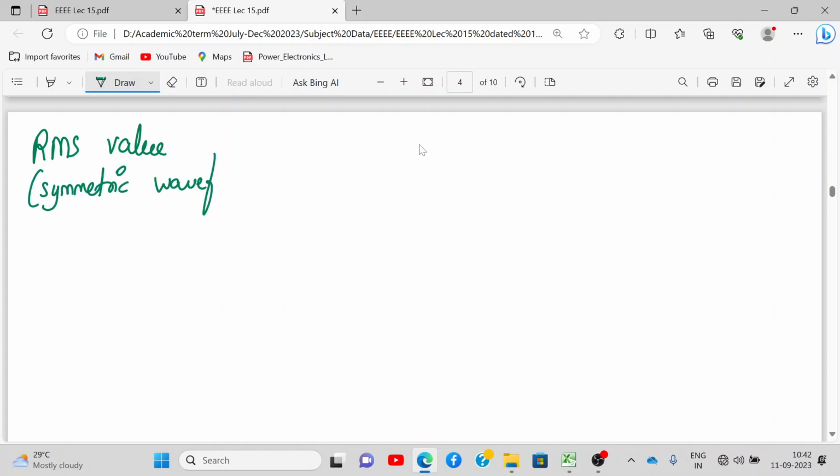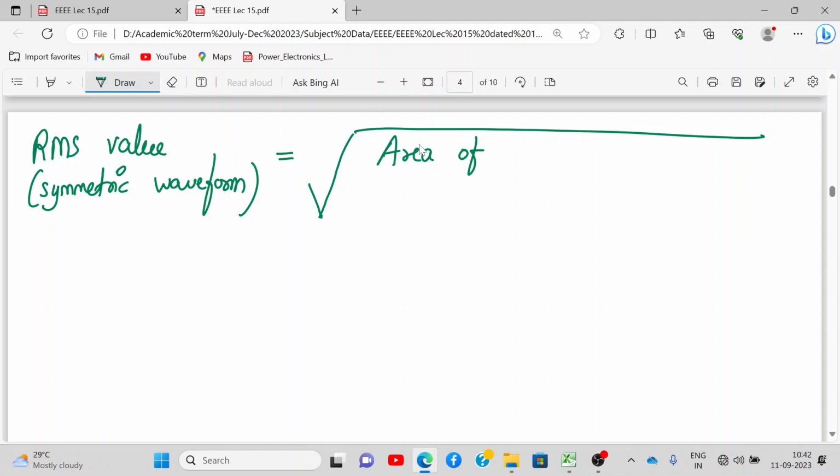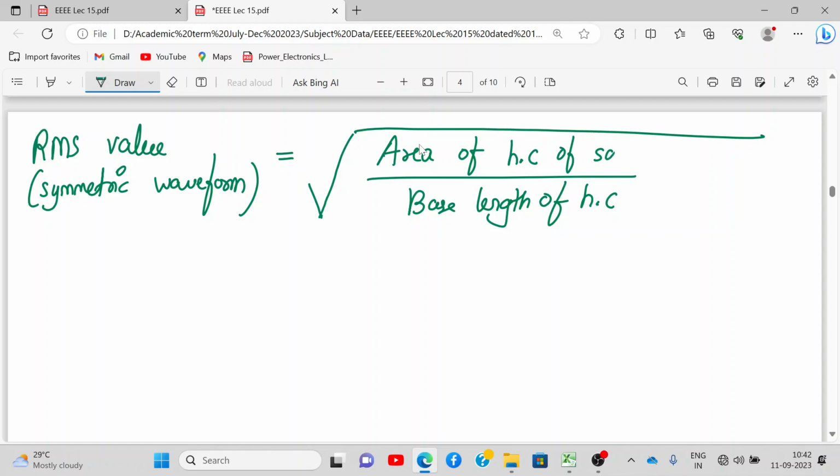Write down the formula. It is equal to square root of area of half cycle, I am writing half cycle as HC, divided by base length of half cycle of squared waveform.